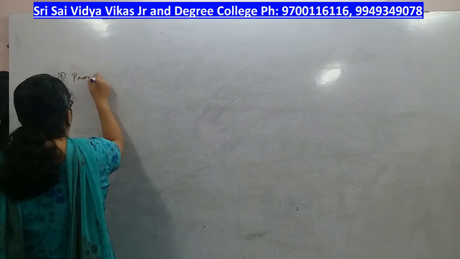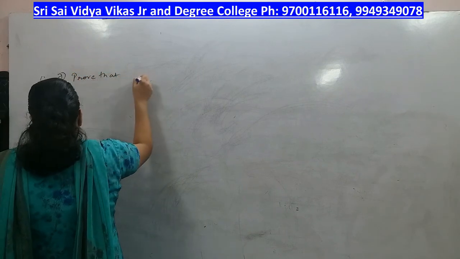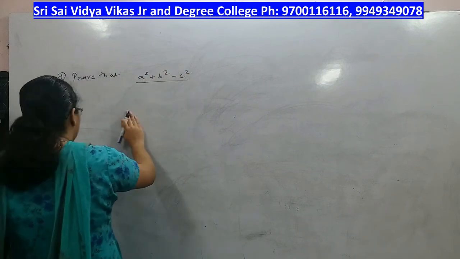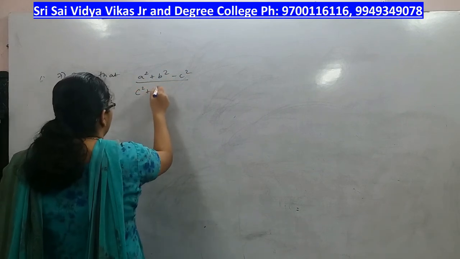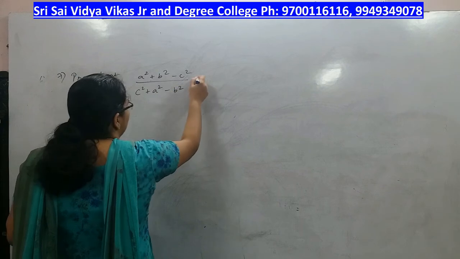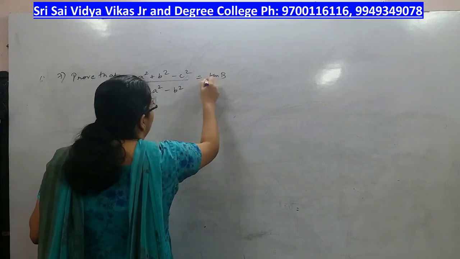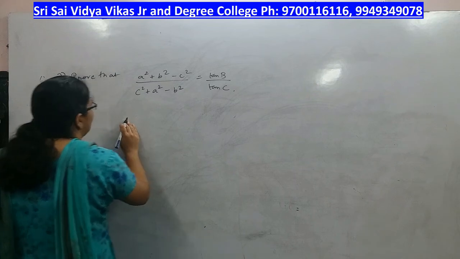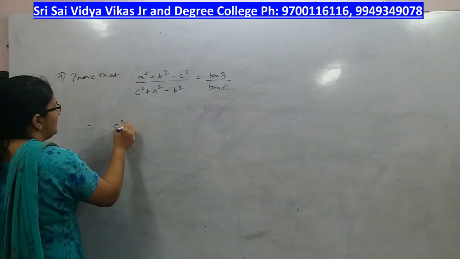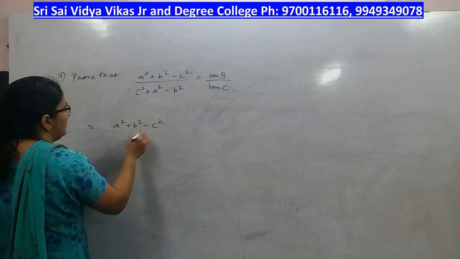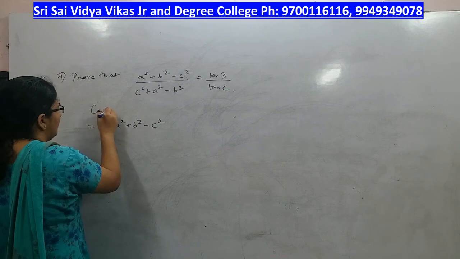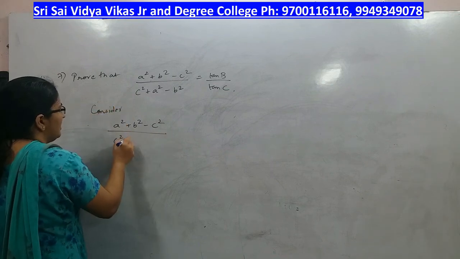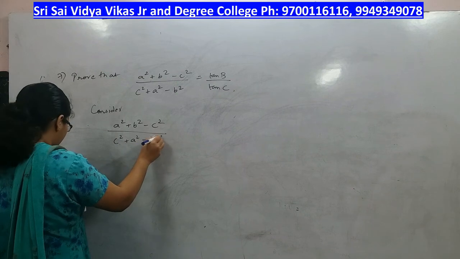Prove that a square plus b square minus c square by c square plus a square minus b square is equal to tan B by tan C. Now consider a square plus b square minus c square by c square plus a square minus b square.